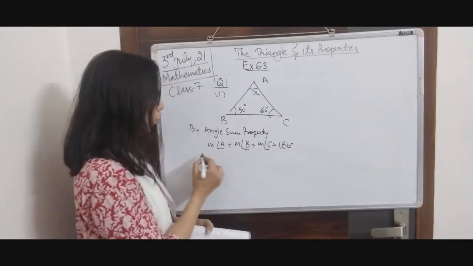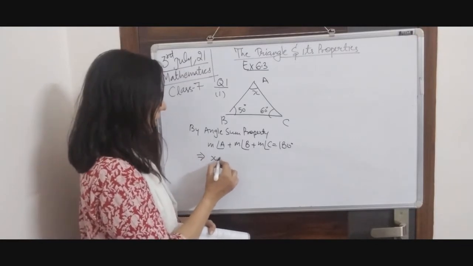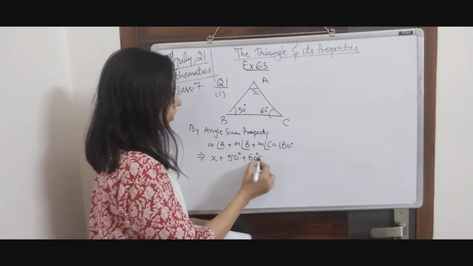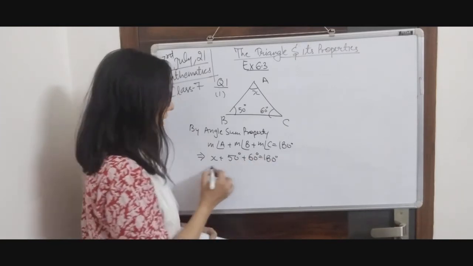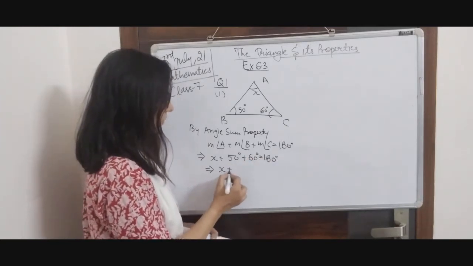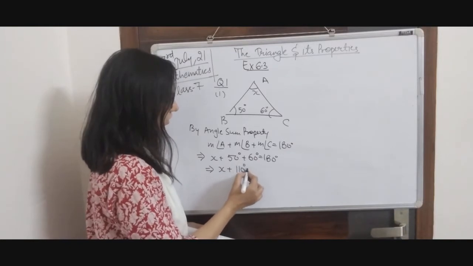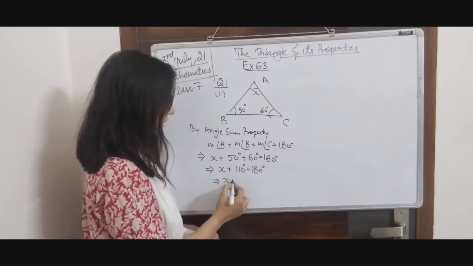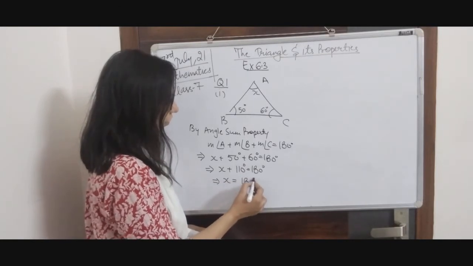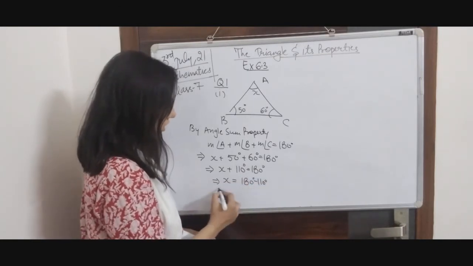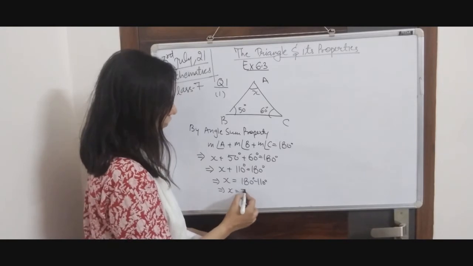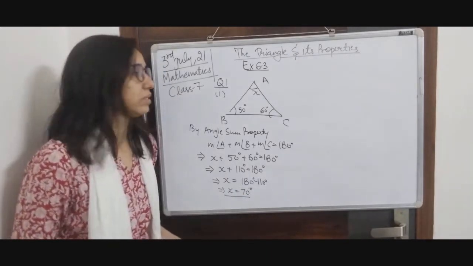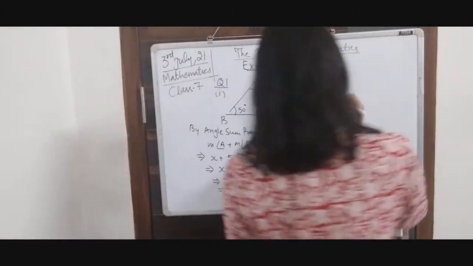It is true for all types of triangle, implies X plus 50 degree plus 60 degree should be equal to 180, or in other words you can say that X plus 110 is equal to 180. When we transpose this 110 to the right hand side, we will get 180 degree minus 110, or you can say your X is going to be equal to 70 degrees. So this is going to be your answer, measure for X.